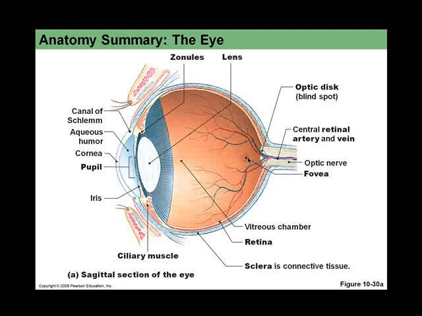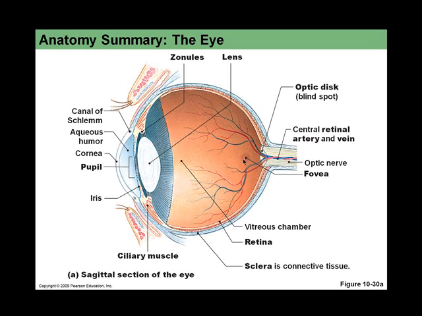So when you're really straining to see something, this is what you're using. And it's positioned a bit laterally to the optic disc.